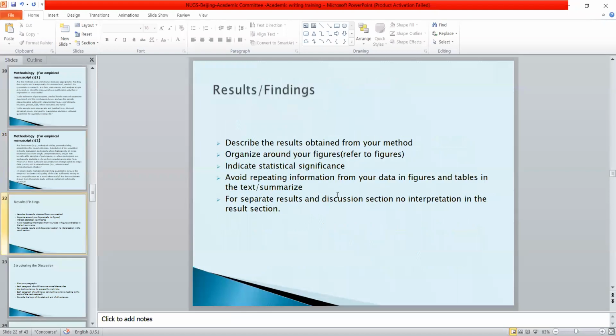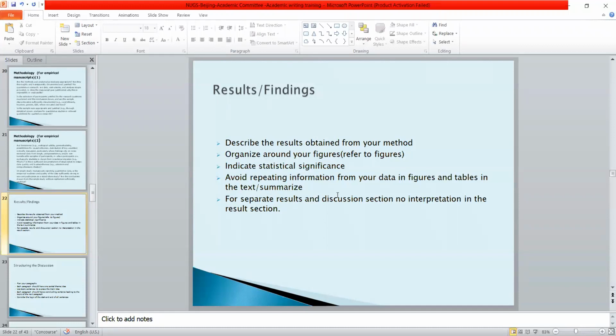Now, after you have done your methodology, you have come out with your research questions. Those who are into qualitative and quantitative research put them into questionnaires and other things, depending on the type of interviews. You now put them into your SPSS and those kinds of tools. You run them. Then you get what we call the results and the findings. How many women participated? What is the percentage of women that participated?